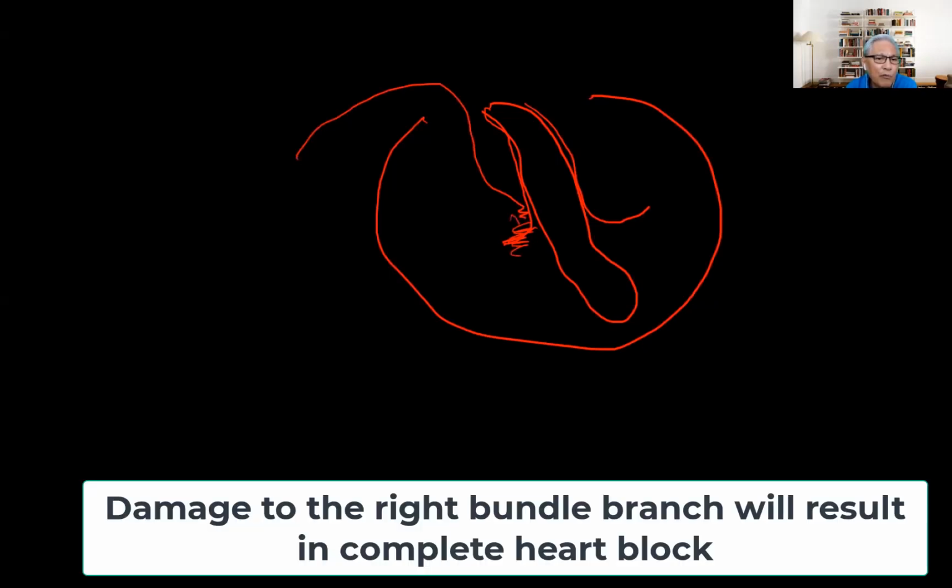Now, when we're inserting a Swan-Ganz catheter, a pulmonary artery catheter, what could happen is that we could actually damage the right bundle branch. And therefore, if we damage the right bundle branch and you have a left bundle branch block already, what's going to happen is that the patient will go into a complete heart block.